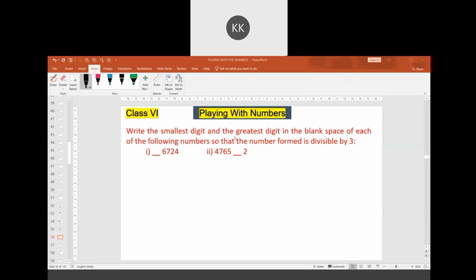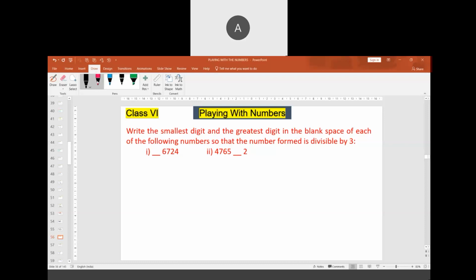A little logical question here. Write the smallest digit and the greatest digit in the blank space of each of the following numbers so that the number formed is divisible by 3. You must know that the number being divisible by 3 refers to adding these digits. If you add the digits, it has to be divisible by 3.